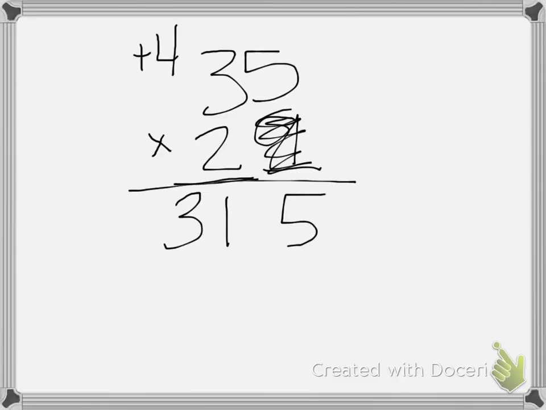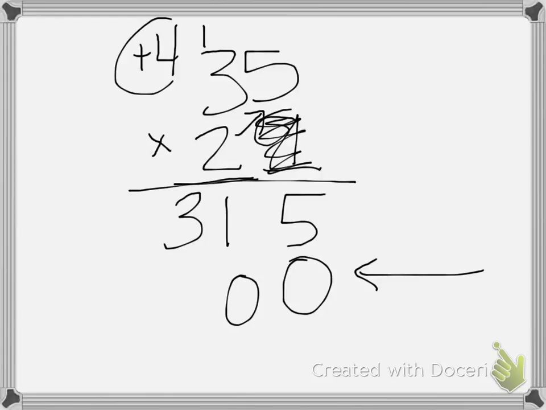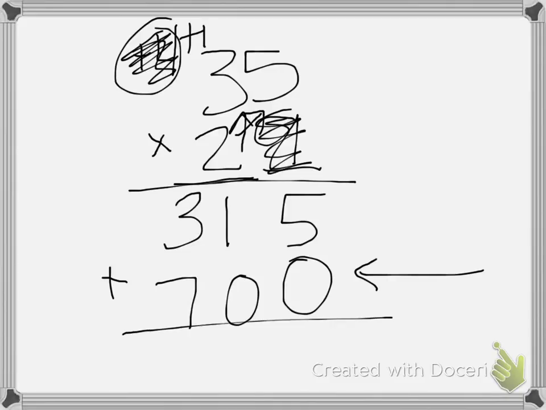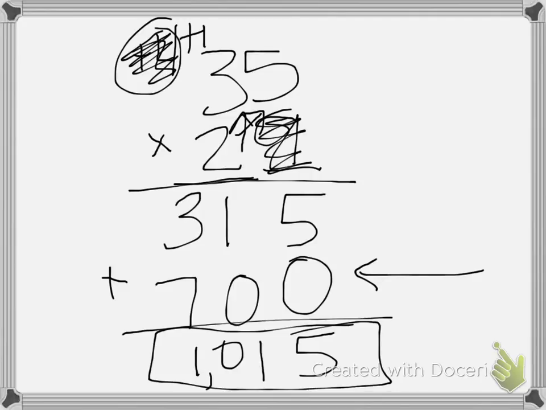We're going to the tens. So we have to drop down, add our magic 0. 2 times 5 is 10. Drop the 0, carry the 1. Are we done with this 4? Yes, we're done with it. And now 2 times 3 is 6, plus 1, 7. Go ahead and add that together, and you will get 1,015. There is your answer.